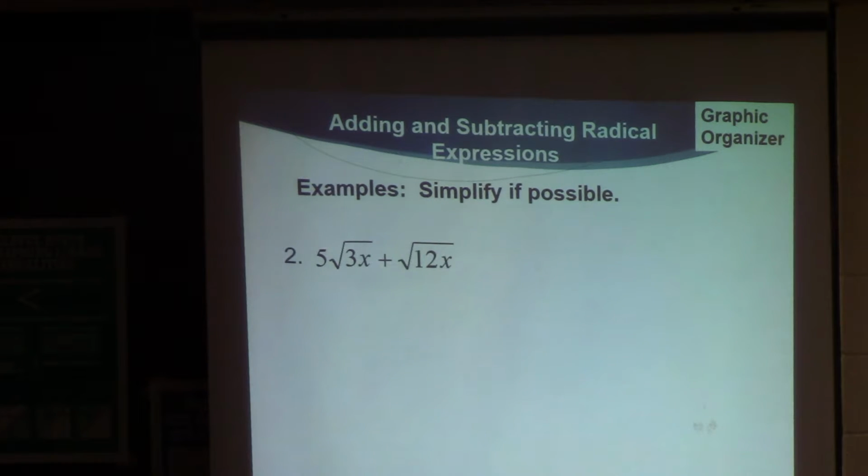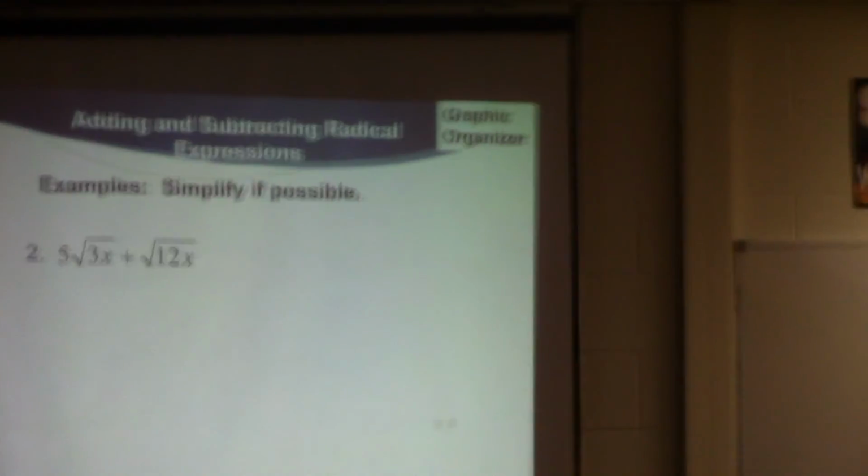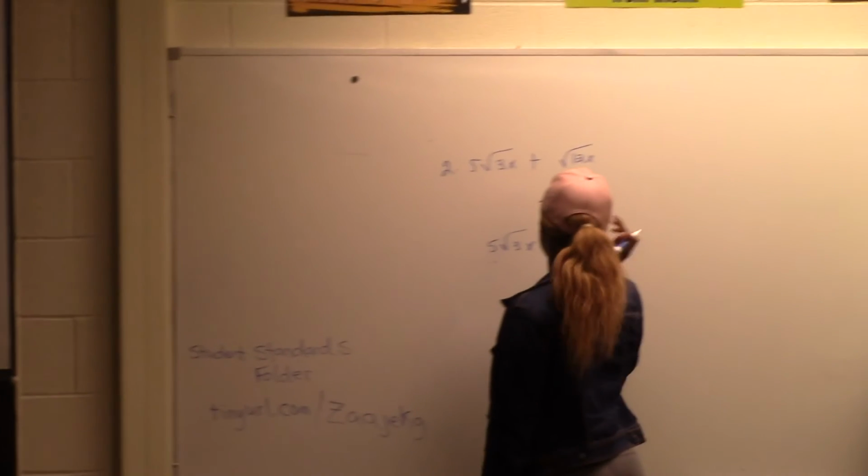Let's see, we got 5 radical 3x plus radical 12x. Okay, that's good. So the 3 and the 12 don't match, so she's going to break down that 12. Then I did it in my head.